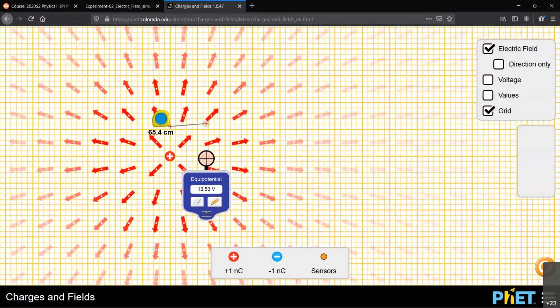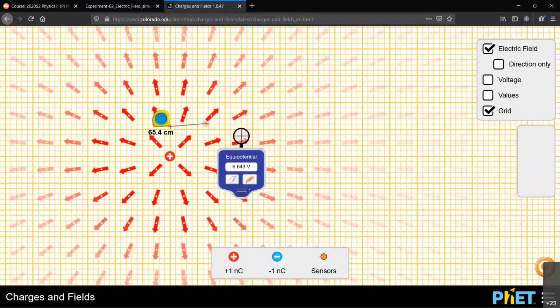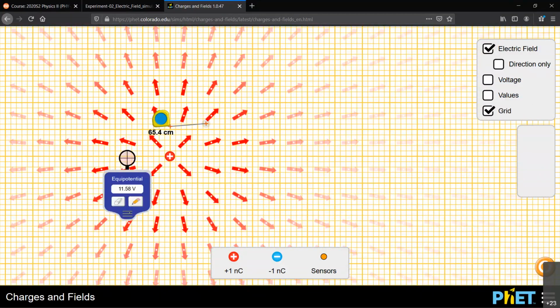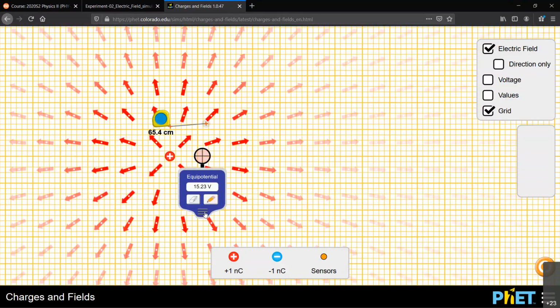If you take a look at that one, you can see this pointer, a black circle with two lines, vertical and horizontal. If you place that at any location, it will give you the potential around this charged particle. If I am close to the charged particle, the potential is very large.